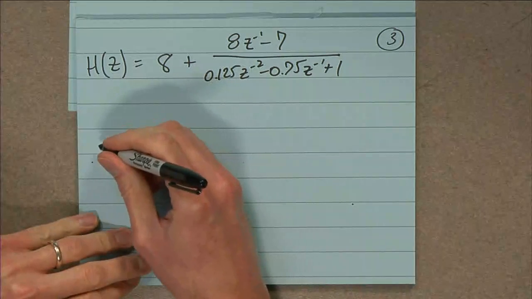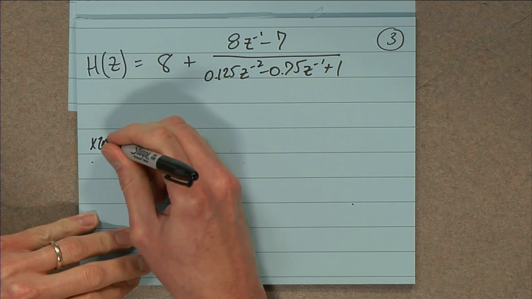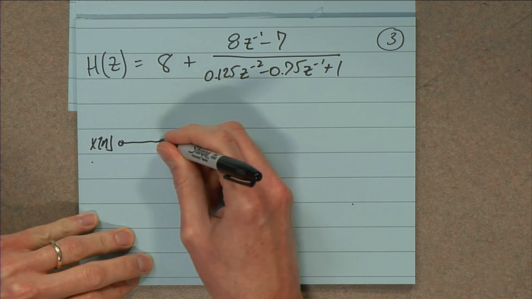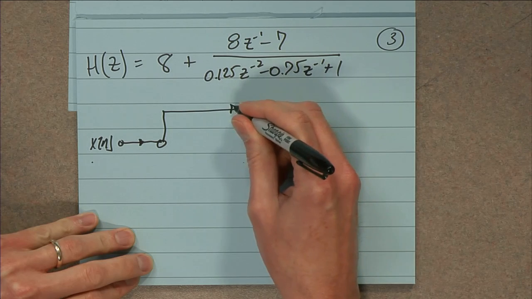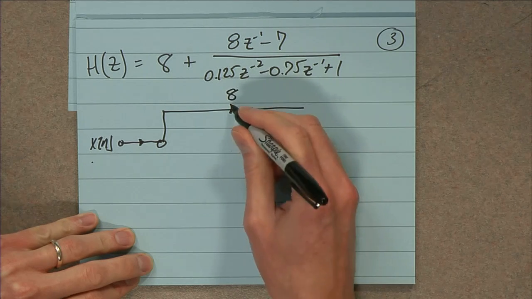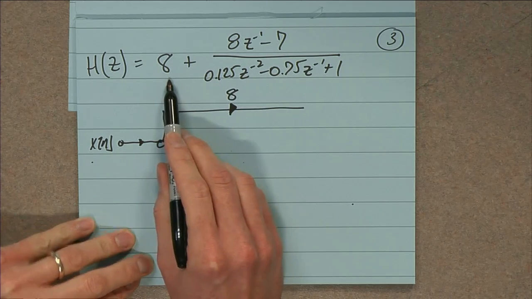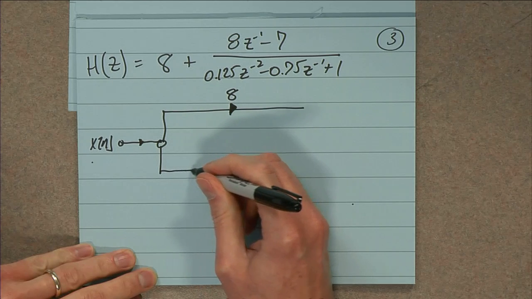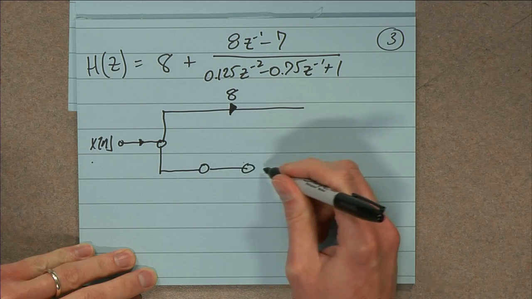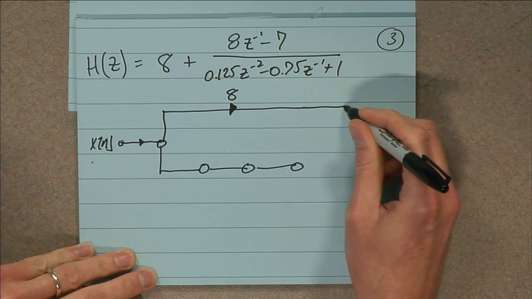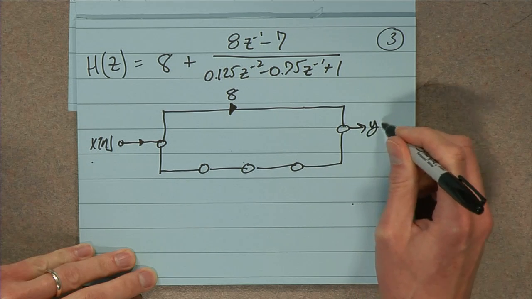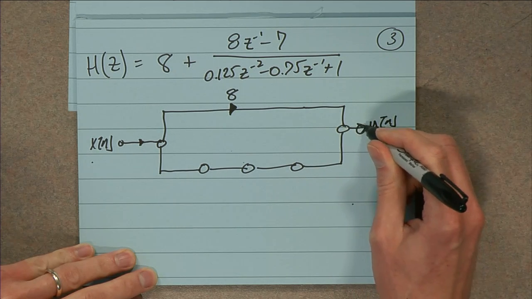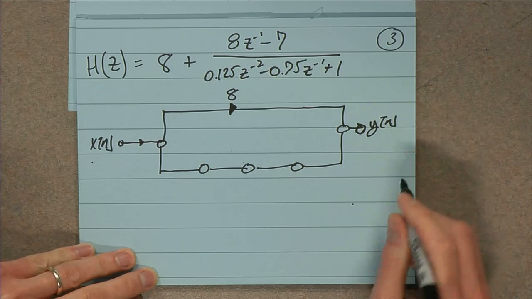So using this, this is in parallel, so we've got 8 by itself, and then we have our second order section, and then we have to sum them back together. I shouldn't put an arrow, that's a sink.